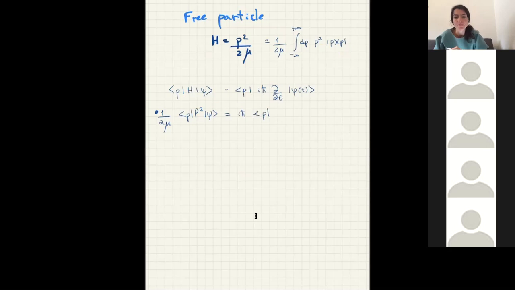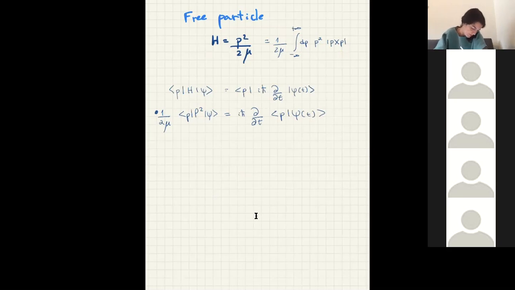Well, the derivative in time does not, the p does not depend on the derivative in time, so they commute. So we put the derivative over time here, and then we have p psi of t. Okay, so this is just a wave function, right?